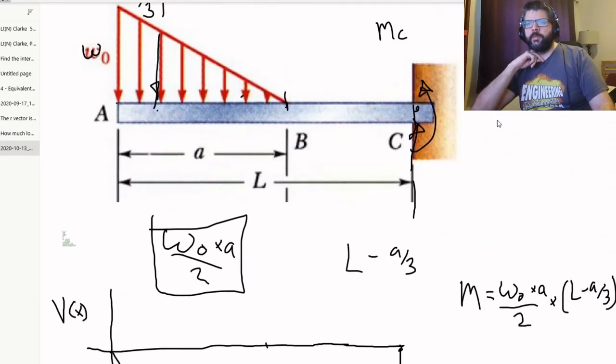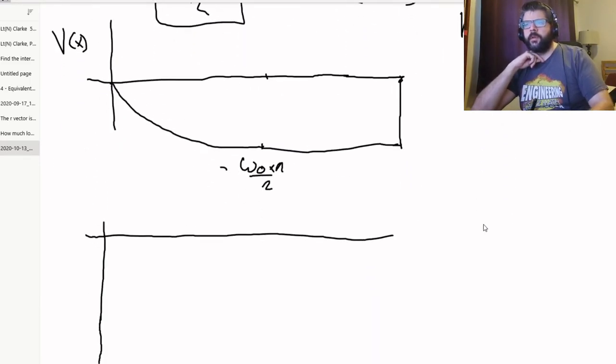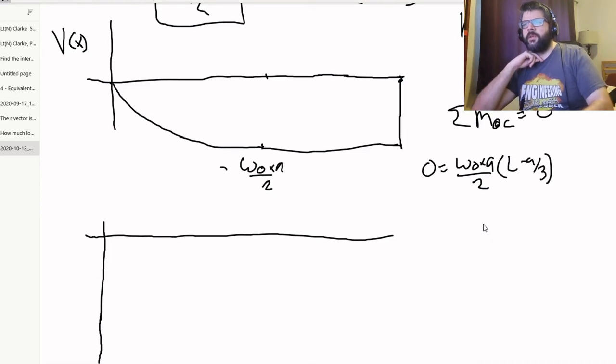So if we just take the sum of our moments taken at C equal to 0, that's 0 is equal to W naught times A over 2, L minus A over 3, plus MC. And therefore MC is just going to be equal to minus that.